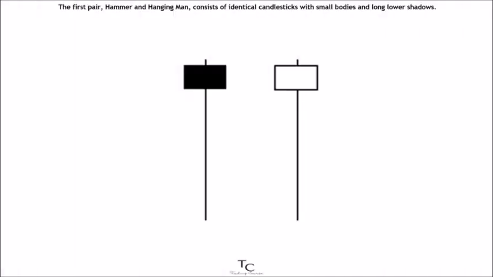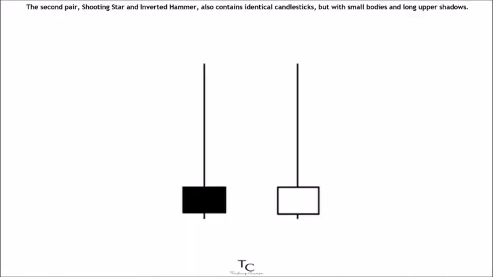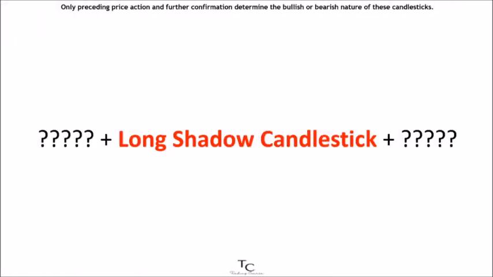The first pair, hammer and hanging man, consists of identical candlesticks with small bodies and long lower shadows. The second pair, shooting star and inverted hammer, also contains identical candlesticks, but with small bodies and long upper shadows.